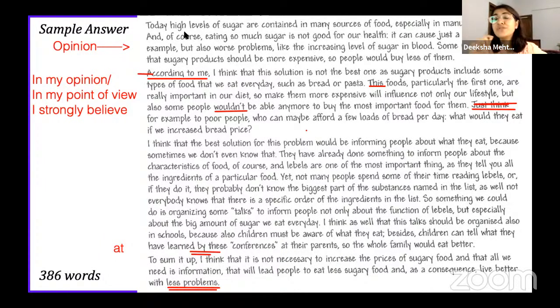Less is used for uncountable nouns. Less is for uncountable, right? Less milk. Not for countable. Problems I can count. One problem, two problem. So what should I use for countable nouns? Fewer problems, right? What else?